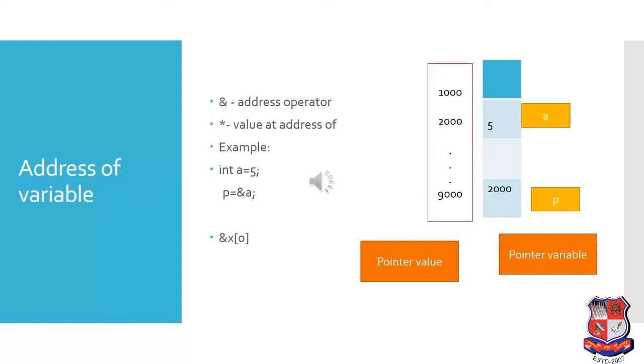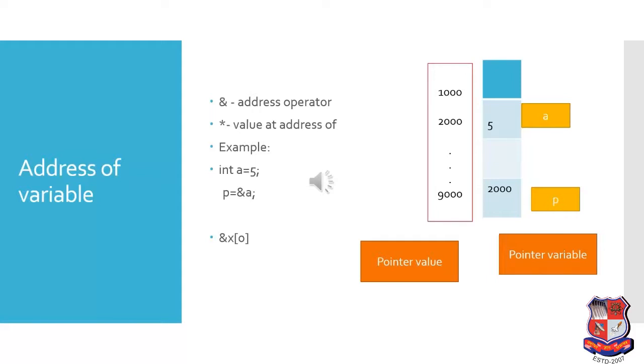How to declare a pointer? We will see in the next slides. For now, you must understand one thing, that since p is a pointer variable, it will be allocated some memory space.